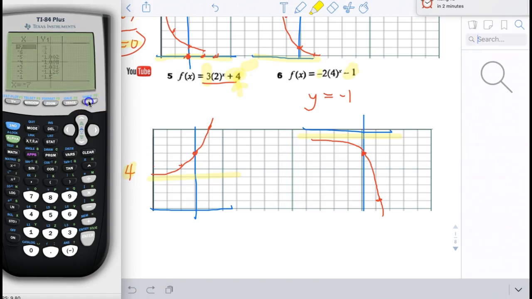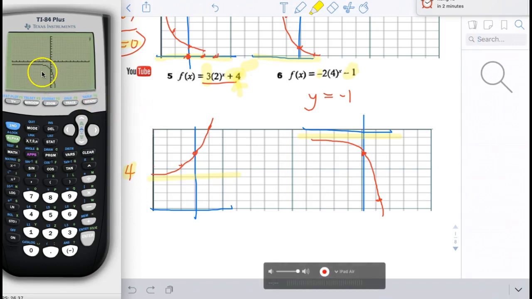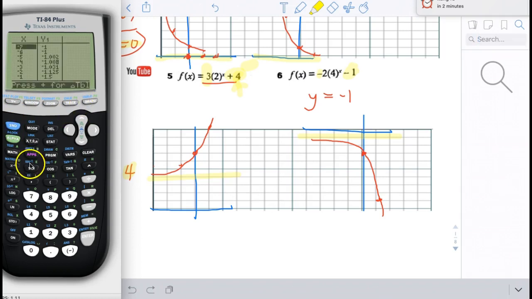If we look at the graph, we see that what we did here matches it. We see an intersection right there, and we see a horizontal asymptote here, and it goes down. But if you want to see specific points again, do second table. Okay, that's it for this video.